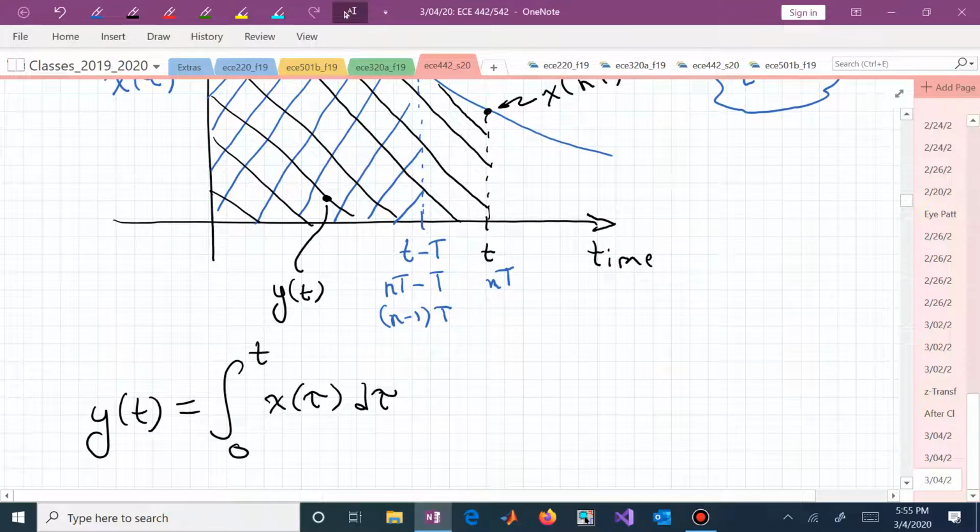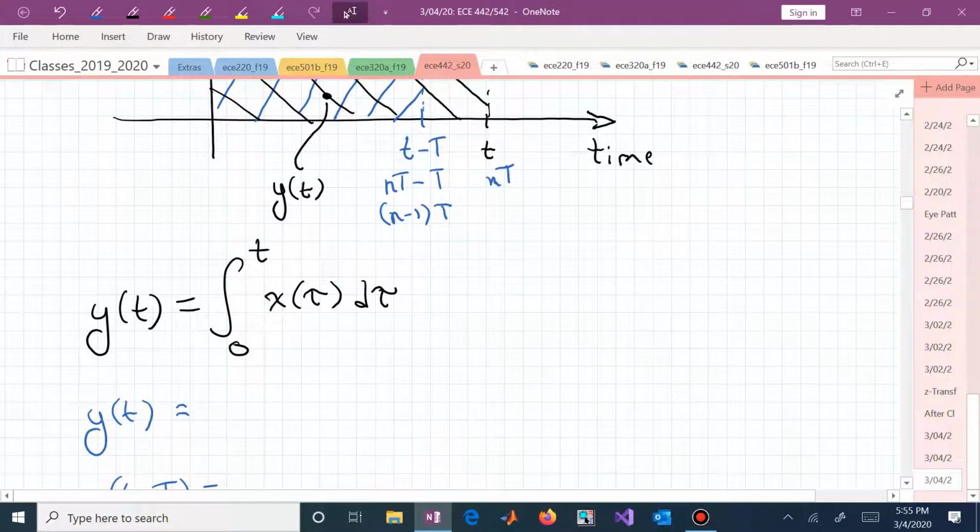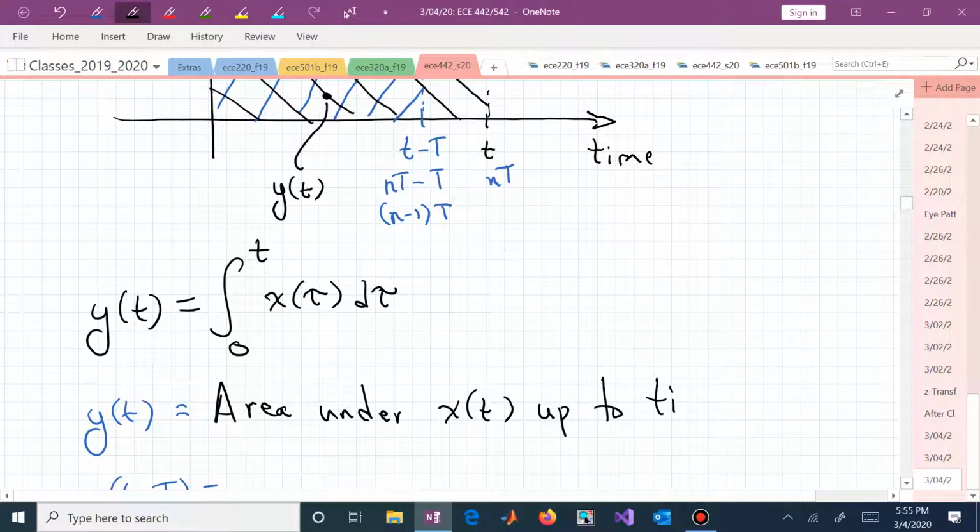What are we doing? We want to find the area under the curve, which is this in our classical integration expression if we let x be a continuous function of tau or time. We want to now chop that up. Y of t is the area under the curve which we're calling x of t up to time little t.